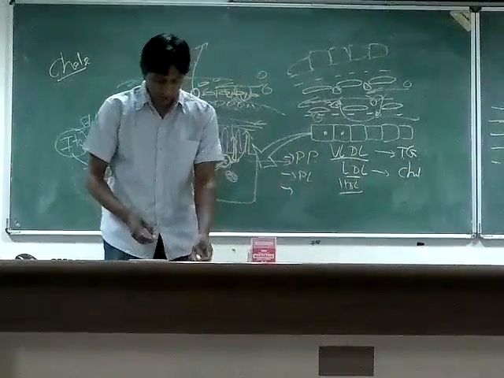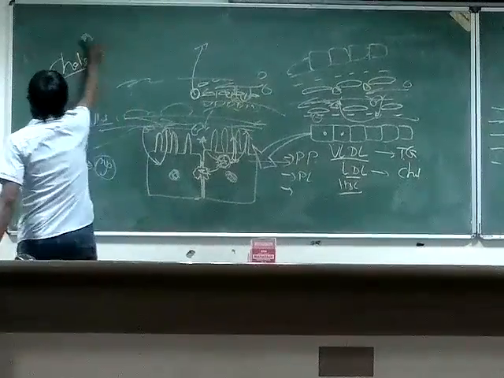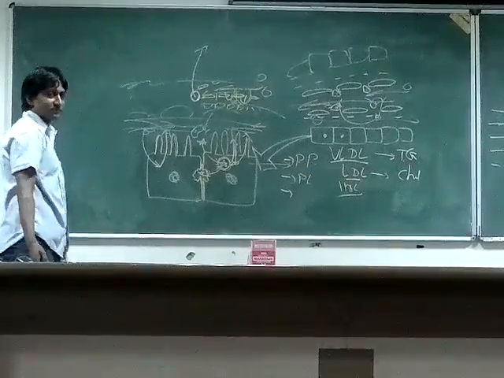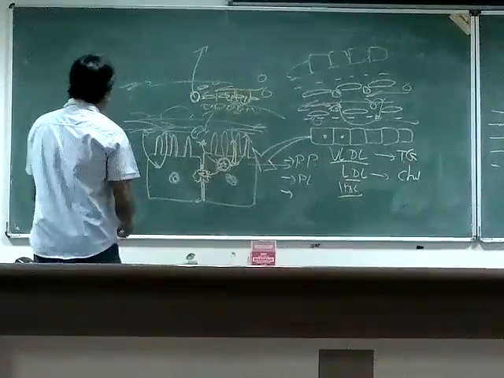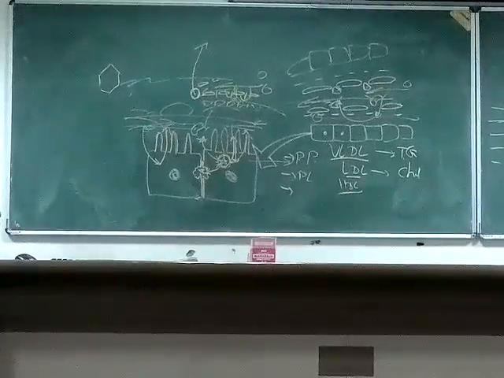Now, when you look at the liver parenchyma, this is what is called the classic structure, hexagonal. This is your classic lobule.